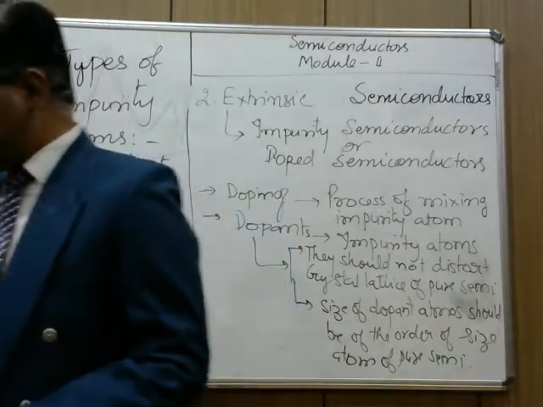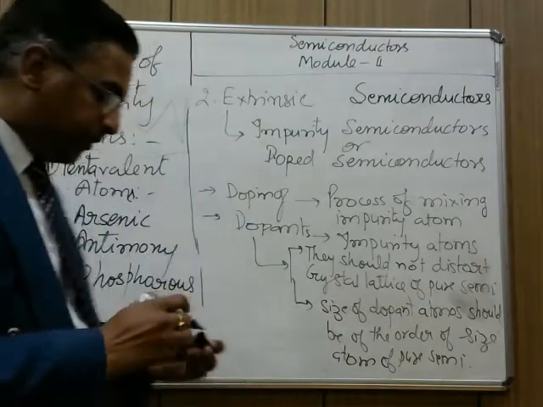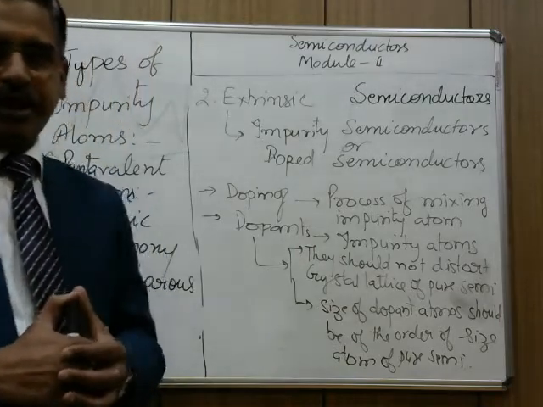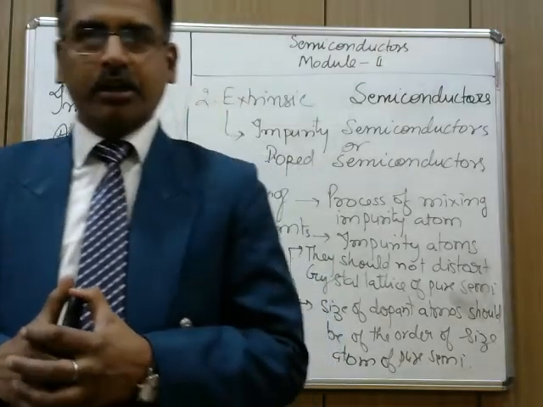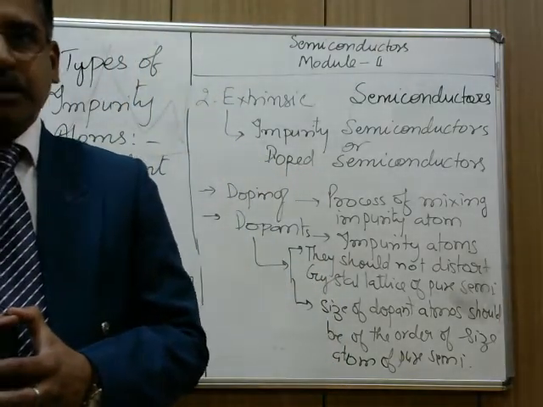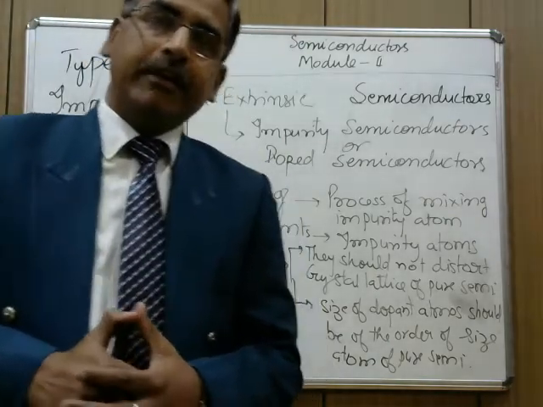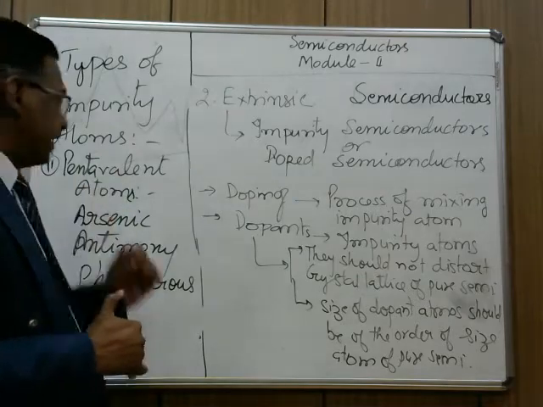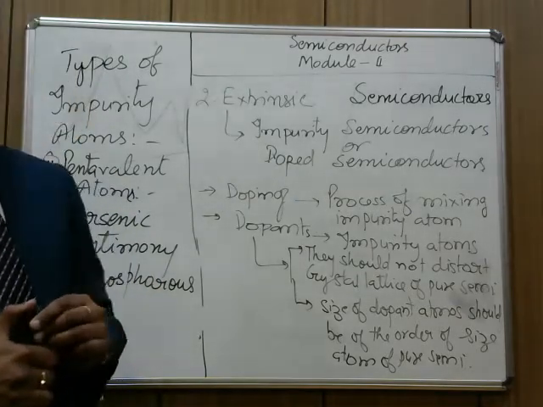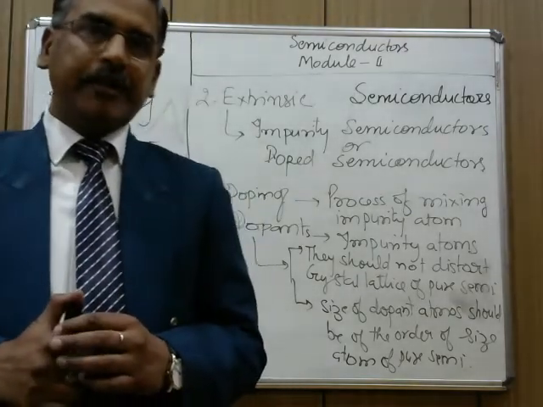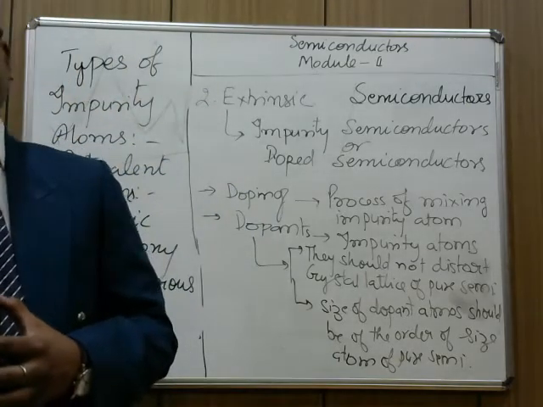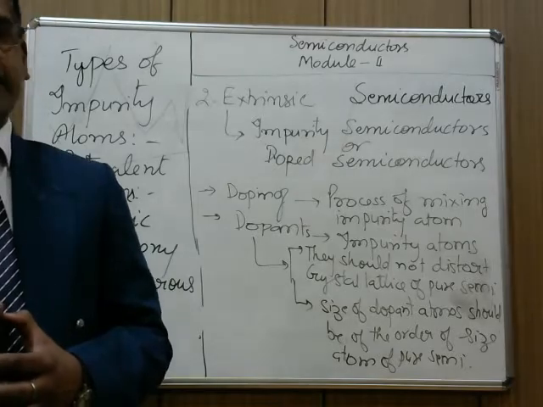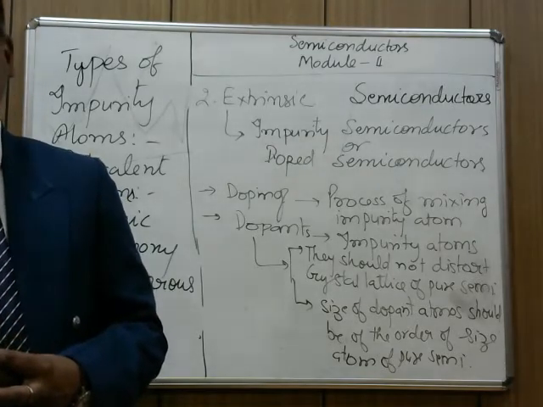So these are the two types of impurity atoms which are suitable for the process of doping. There are two types of extrinsic semiconductor. When we add pentavalent atoms, we get n-type semiconductors, and when we add trivalent atoms, we get p-type semiconductors, which we will discuss in the next module.